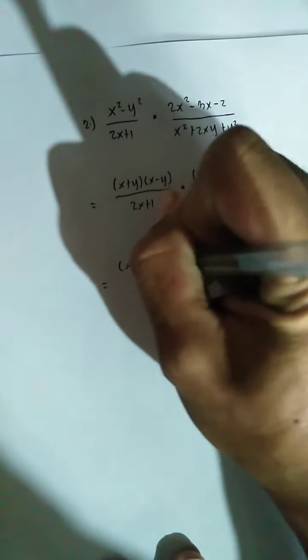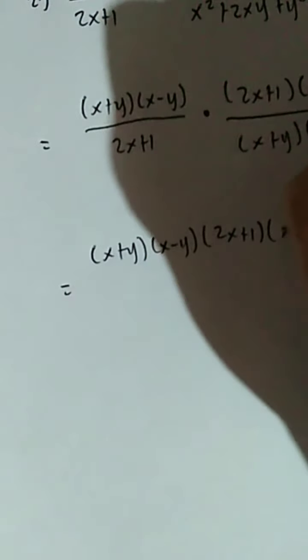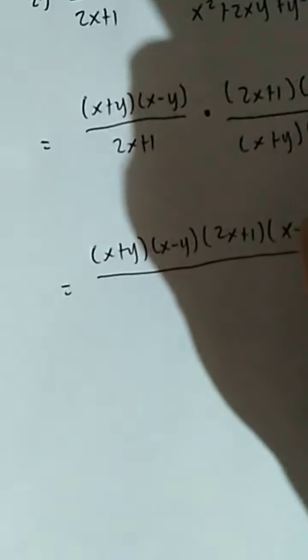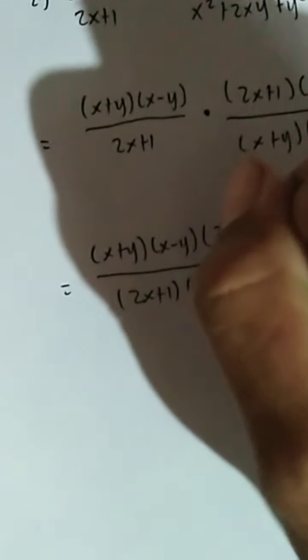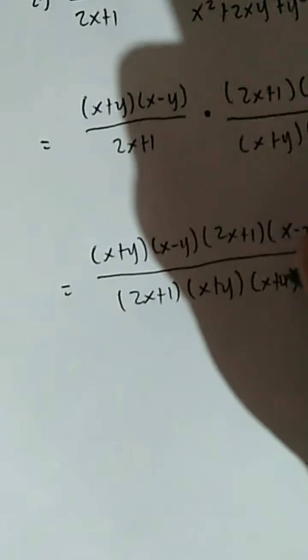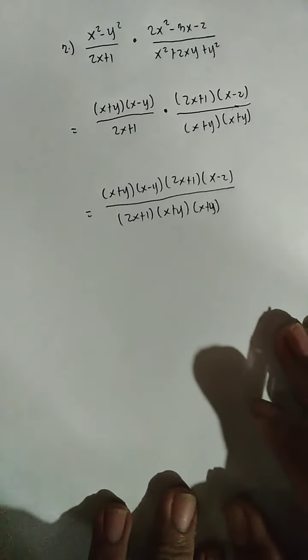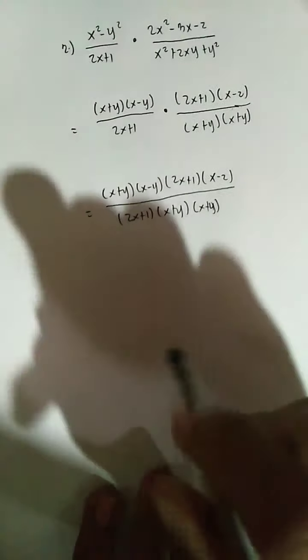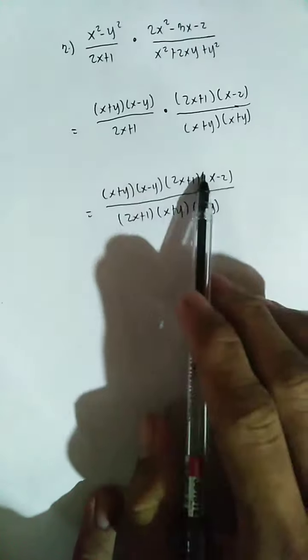So we have x plus y times x minus y times 2x plus 1 times x minus 2, all over the denominator, 2x plus 1 times x plus y times x plus y. The rule for multiplying rational expressions states that you multiply the numerators and multiply the denominators. So this is now the form after we multiply both numerators and denominators.